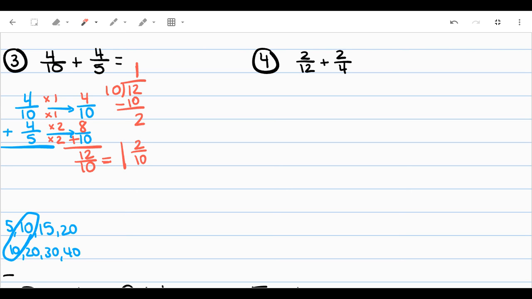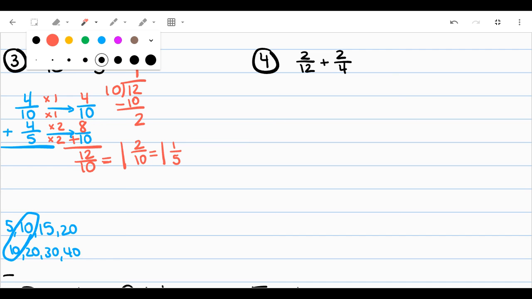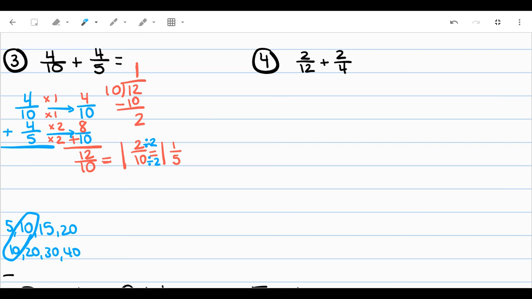But if I look at 2 tenths, I can simplify 2 tenths. And I can say that 1 and 1/5 is the same as 1 and 2 tenths, because I divided by 2, and I keep my 1 whole the same. So my final answer here is 1 and 1/5.